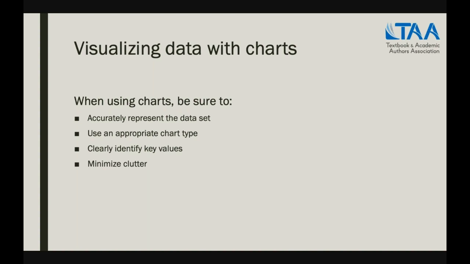But in order to really see those values of importance, we have to minimize the clutter. We can't simply throw every bit of information that will be in a table into a chart. The chart is there to summarize, to synthesize, to bring that together into something that can clearly represent the data without all the noise that needs to be filtered through.